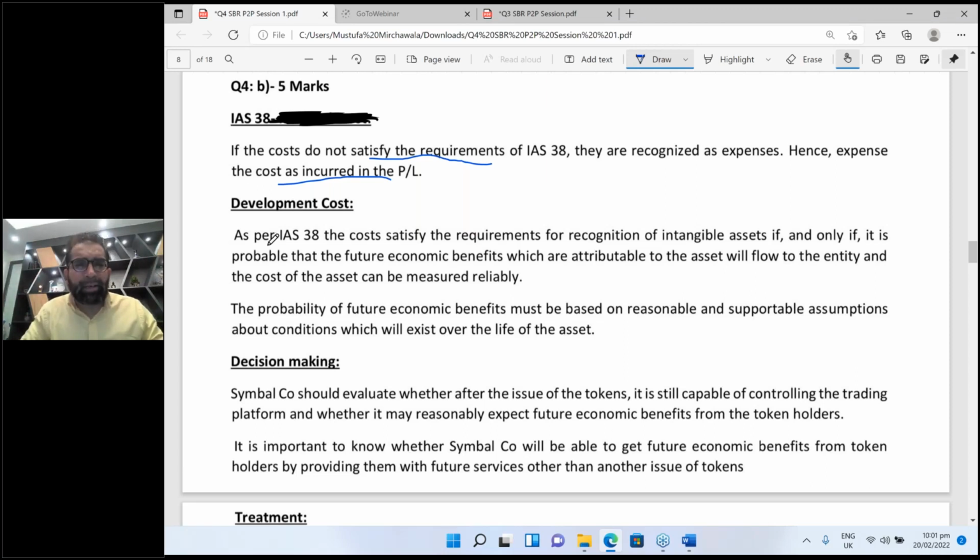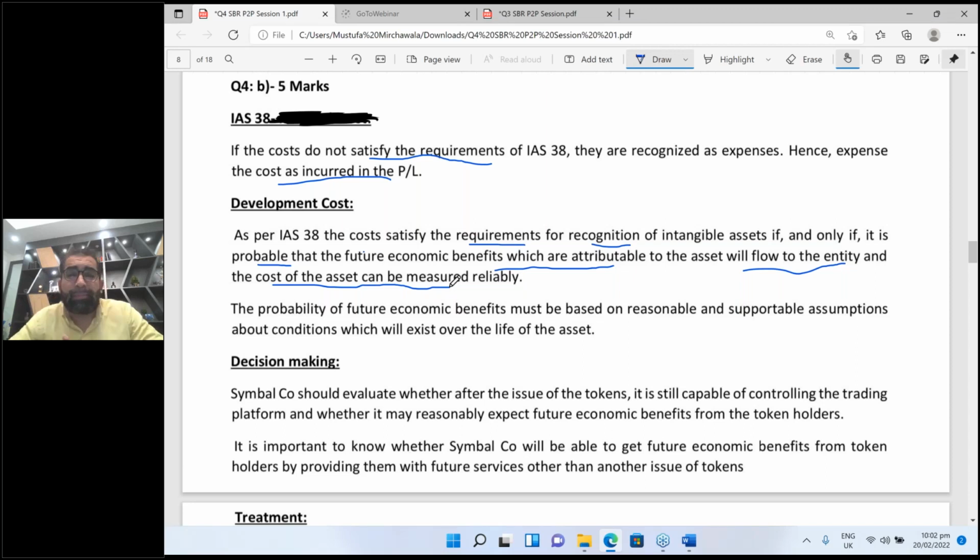Now, as per IAS 38, the cost satisfies the requirements of recognition of an intangible asset if and only if it is probable, I told you, probable that the future economic benefits attributable to the asset will flow to the entity, and the cost of the asset can be measured reliably.